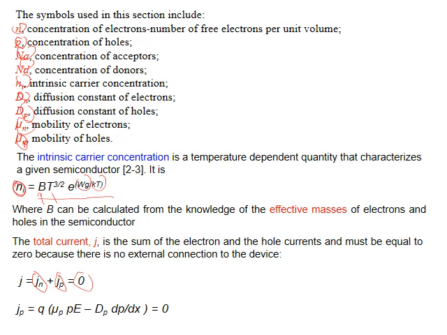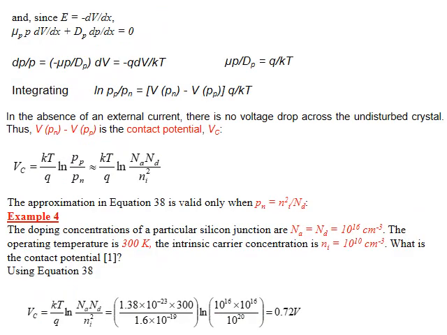Now, if I take the formula in the previous slide and substitute for Ni and Np, you get this formula, which we say equals 0, because of equilibrium. Now, from the definitions, from principles, we know that the electric field will be minus dV over dx, the change of voltage with respect to distance.